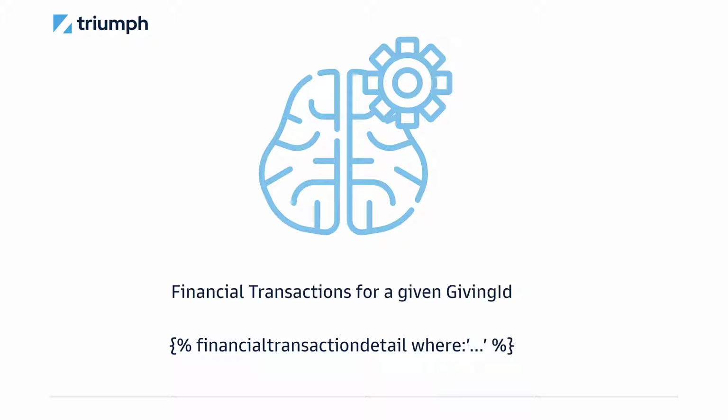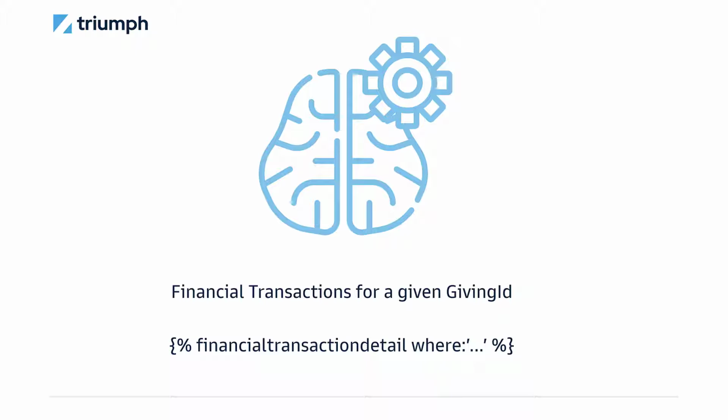Okay, so now I'm thinking about that where clause. But now that where clause is getting really hard because the where clause has some limitations. You can filter on the properties of the entity or you can filter on the attributes of the entity, but you can't really get more than that. And I really need to use some dot notations because giving ID is not on the financial transaction.